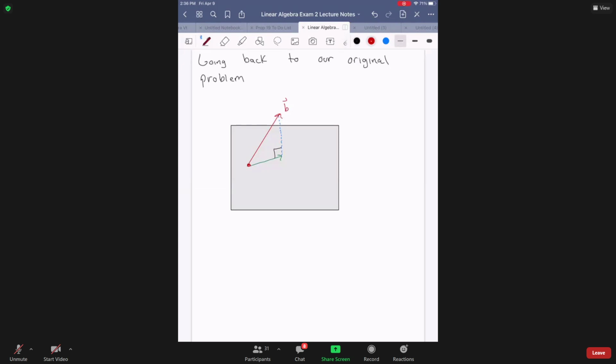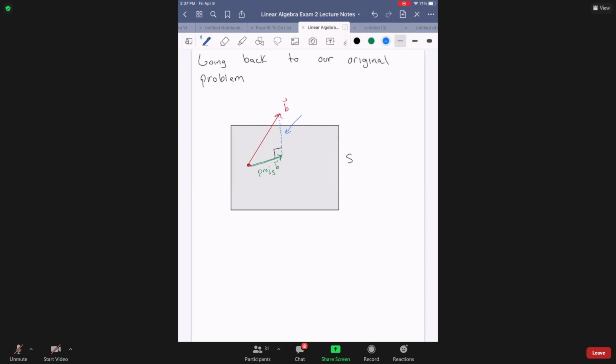Well, what is this green one right here? Again, this green one is just me projecting B onto this plane. So this is going to be the projection of B onto S, if this big plane is S, this subspace S. And what is this over here?